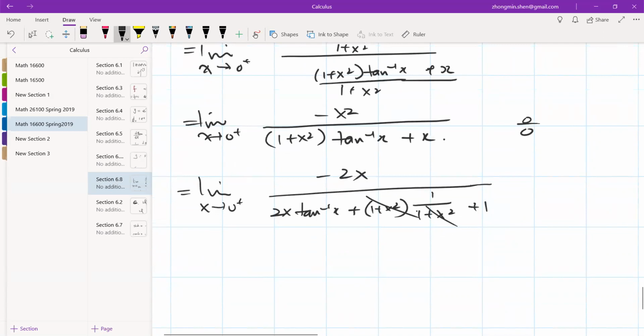The numerator approaches 0, but the denominator approaches 2. Why 2? Because 1 plus 1 is 2. The first term is 0. So it approaches negative 2 times 0 over 0 plus 2. So the answer is going to be 0.